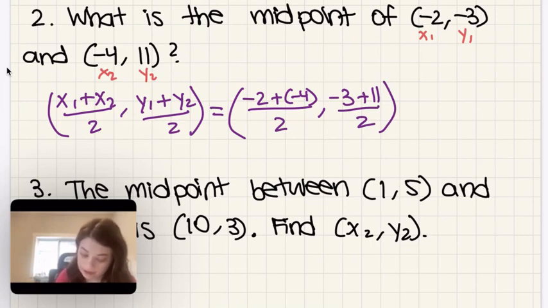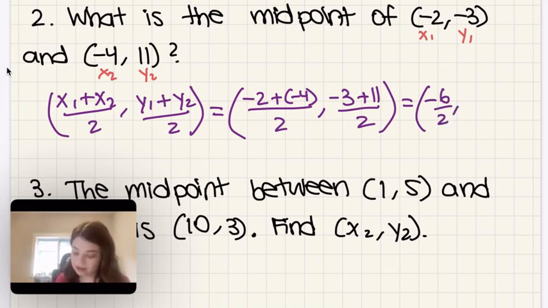Now I'm going to simplify. Here we have negative 2 plus negative 4. Recall that when we have plus negative, that's the same as subtracting. So negative 2 minus another 4 is going to get us negative 6. So this one's negative 6 over 2.